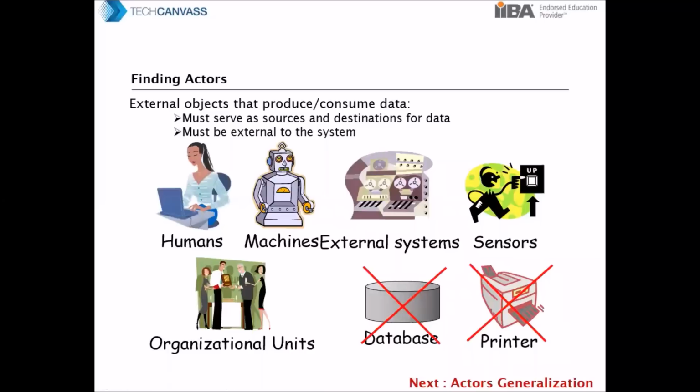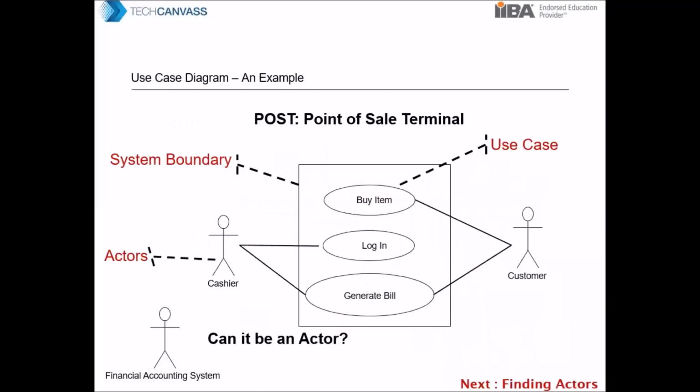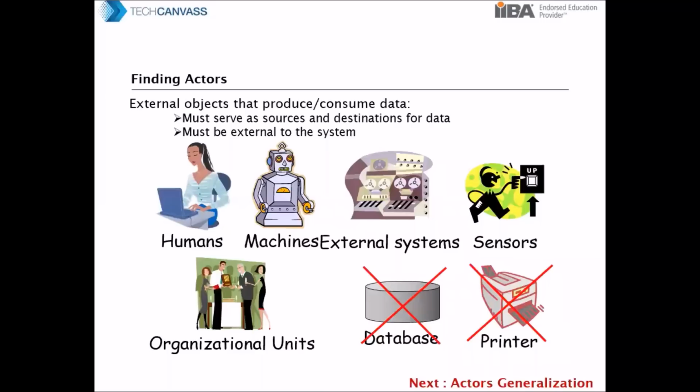Because if you consider this rectangular box as the scope of the system, the database is very much part of this whole system. So that is not considered an actor, because one of the most important criteria is it has to be external to your system. So database is not external to the system.